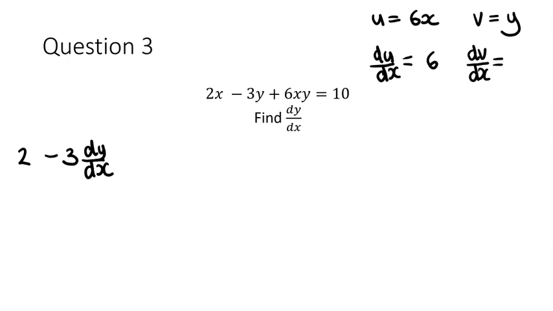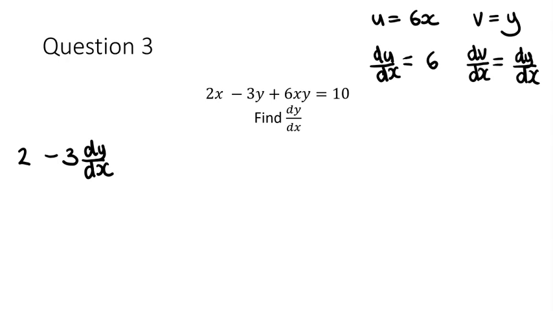But I've differentiated a y, so I need to times it by dy by dx. So if you differentiate this y with respect to x, you get 1, but then you need to multiply it by dy by dx. So this is just going to be dy by dx as your result.